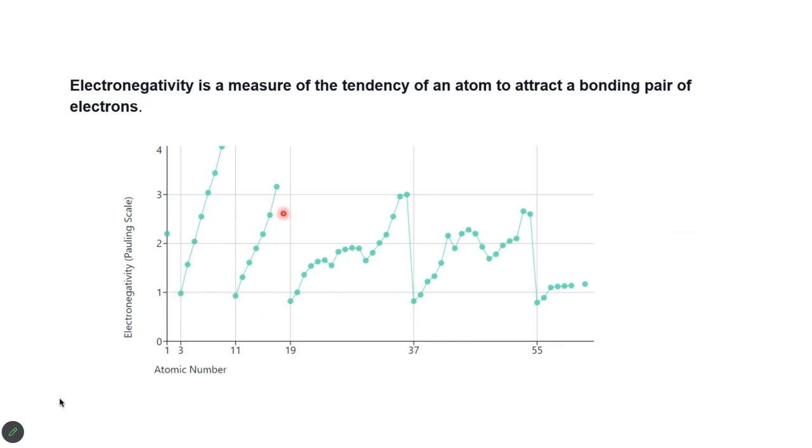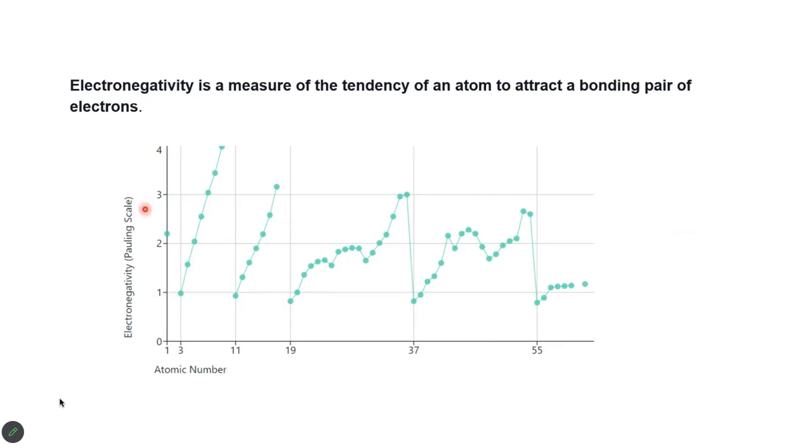Now we go back to the physical properties, which is the electronegativity of atoms. It is the tendency of an atom to attract a bonding pair of electrons towards itself. And that has a scale, which is called the Pauling scale. The highest electronegativity is fluorine, which is almost 4, and the rest are below 4.